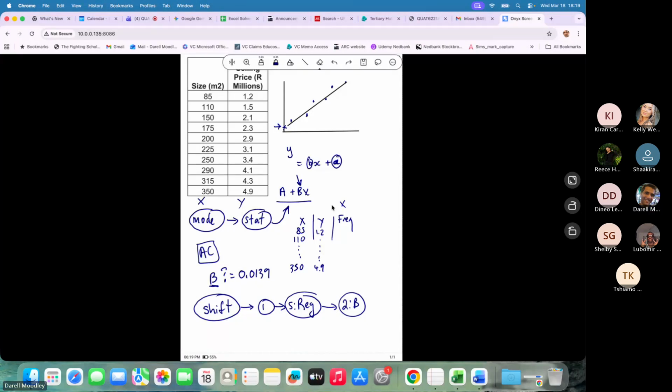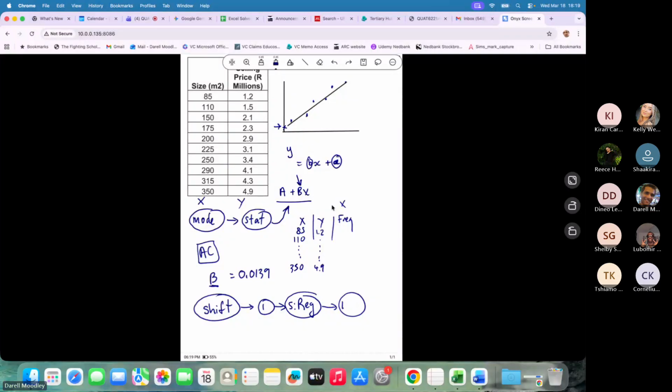Now let's do the same thing to get the intercept, or in other words, A. It's exactly the same process, except here it'll be A, and it should be option 1.